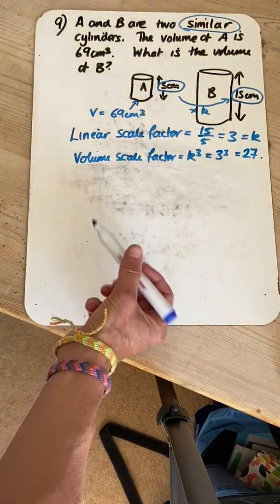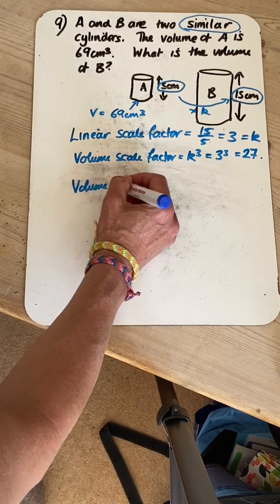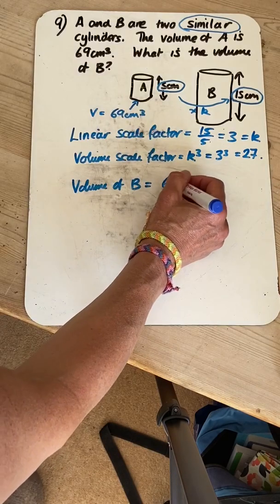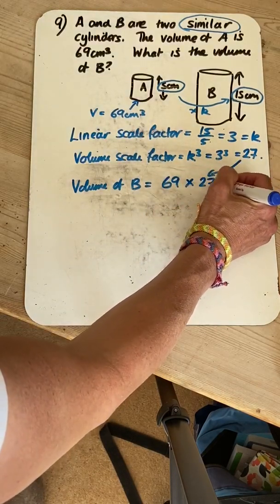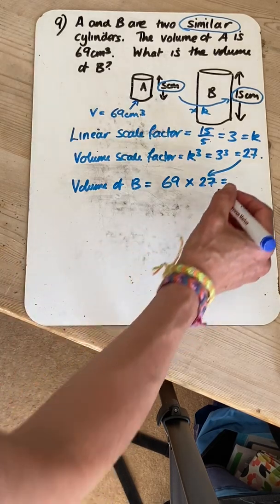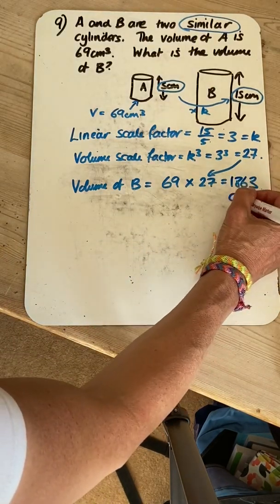Therefore, to work out the volume in cylinder B, volume of B, we take the volume of A and we multiply it by that volume scale factor. So it's going to be 69 times 27, and that's 1863. 1863, and we are measuring in centimetres cubed.